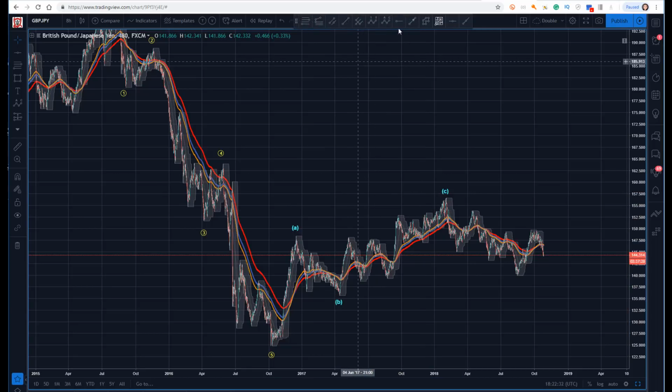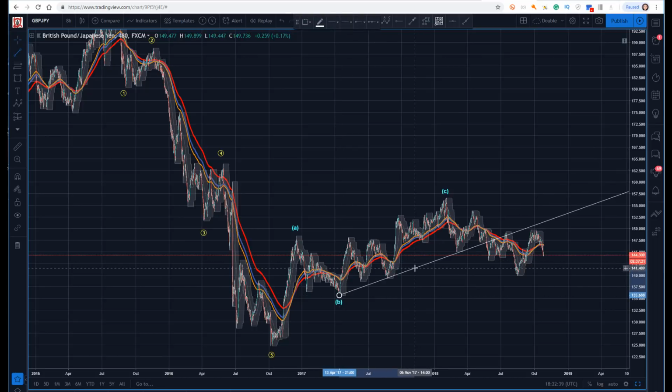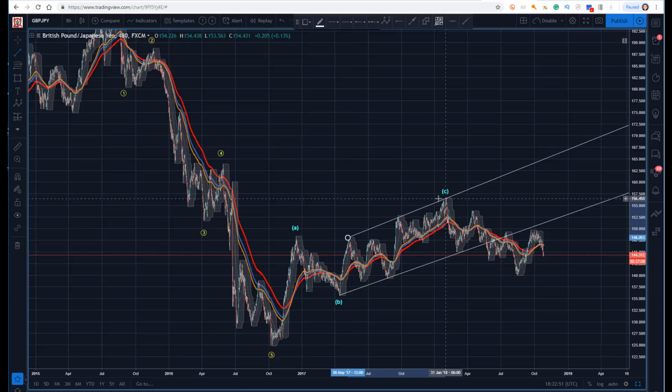And hang on a sec. We can see here how, as we broke that, whether we were drawing it as a channel or something like this, it's very, very clear.